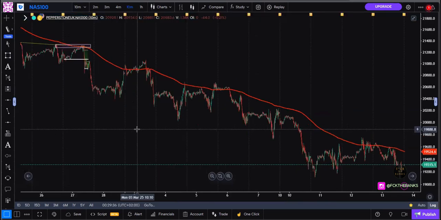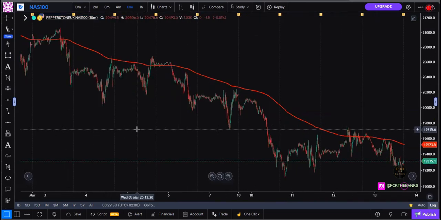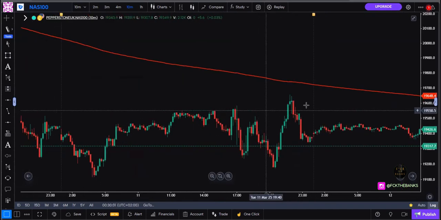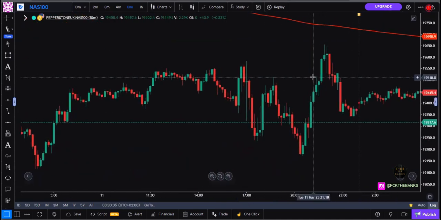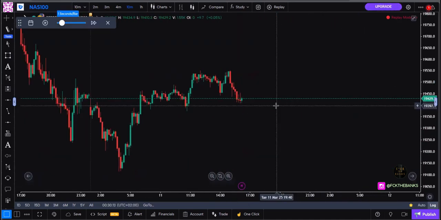Especially the American indices have been dropping. It's been in a bearish trend. So whenever you are ready to trade during the session, in this case let's say New York, you're going to know that you will have higher probabilities that price is going to drop during the session than going up.